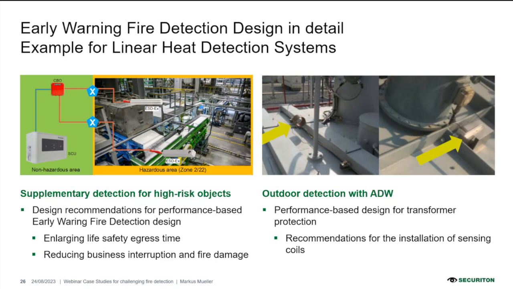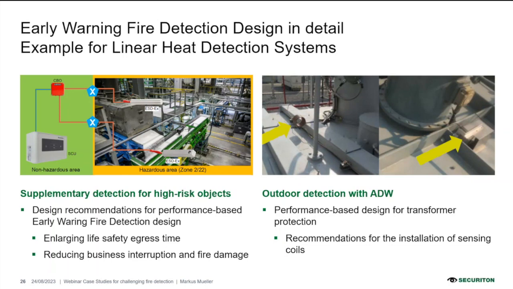Imagine you have a cloud covering the sun, and this cloud moves on, and the sun, bang, comes back and shines on the transformer. That will create a massive increase of temperature in a very short time. Therefore, we tested that, and we make the recommendation that you cover the sensing coil so that the sunlight doesn't get to it directly. So we make this sort of recommendations as well in our guides.